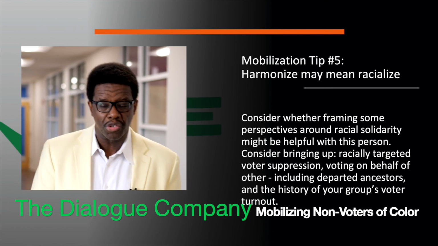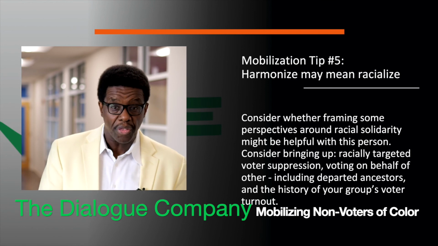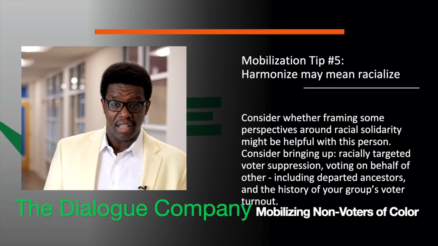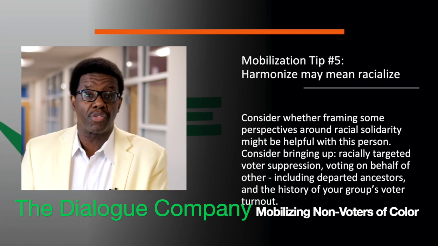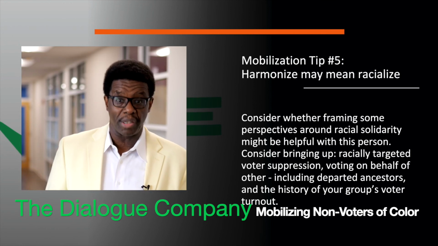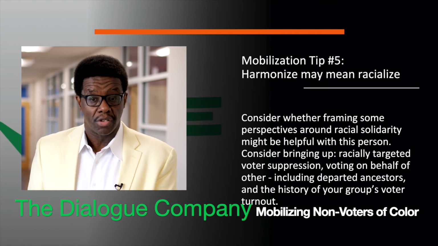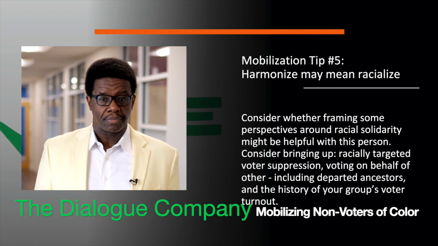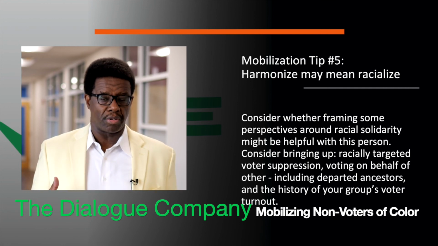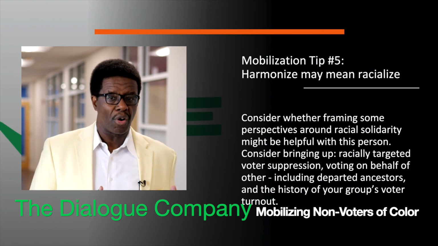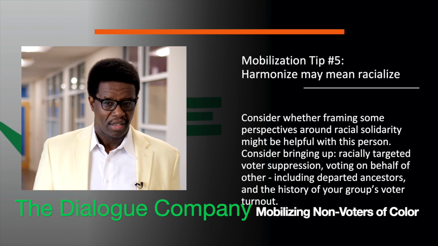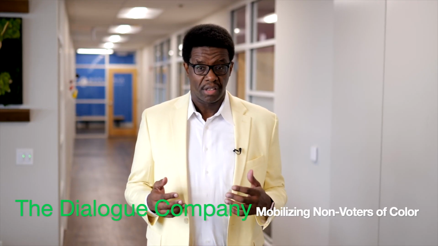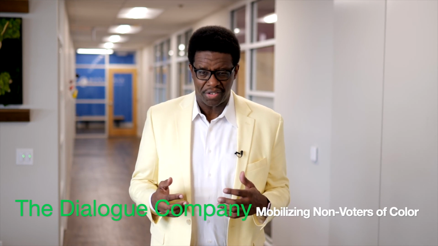There's black voter suppression. That's a real thing. So the whole notion that use it or lose it has a whole different kind of salience for people of color because people are trying to take that vote away. So feel free to bring that up. The notion that there are people who we should vote on behalf of is also useful to think about, whether it's felons or whether it's our ancestors.